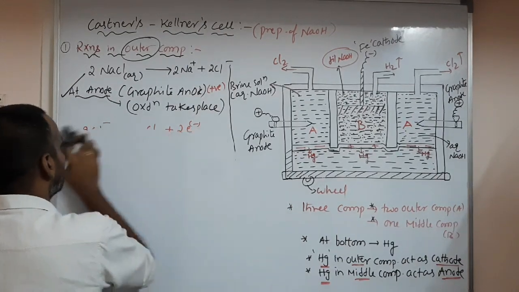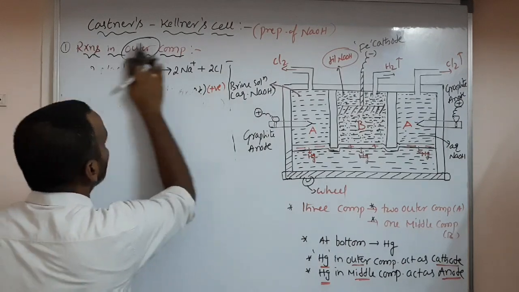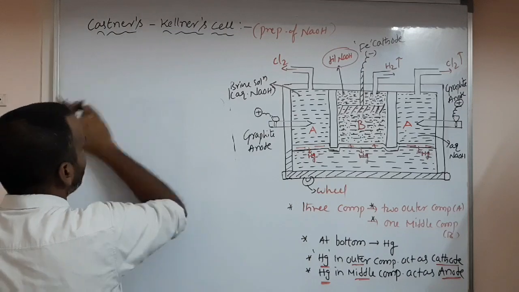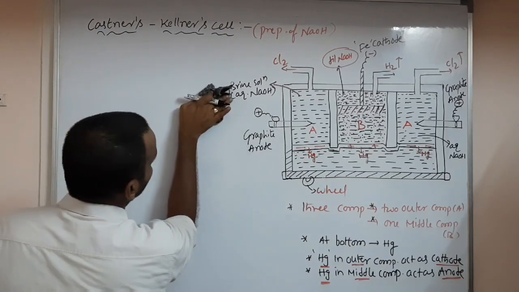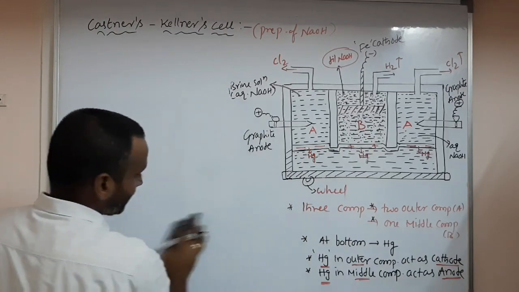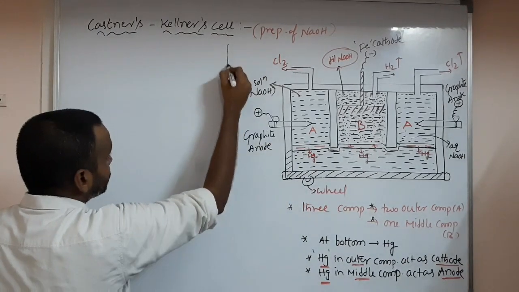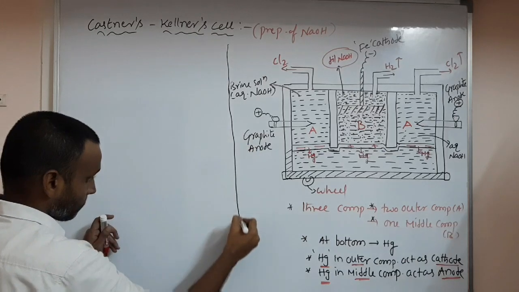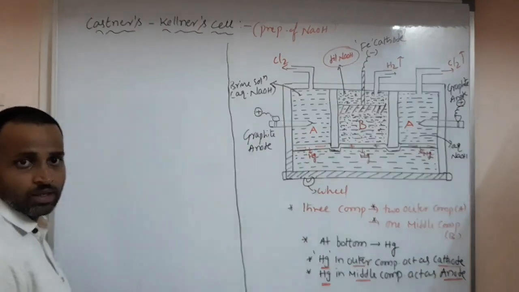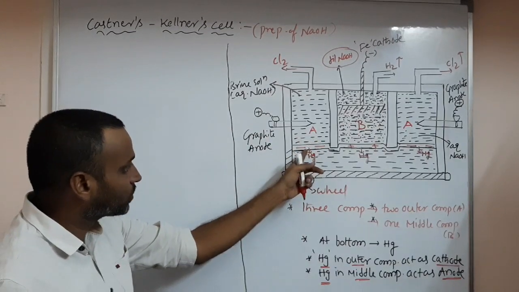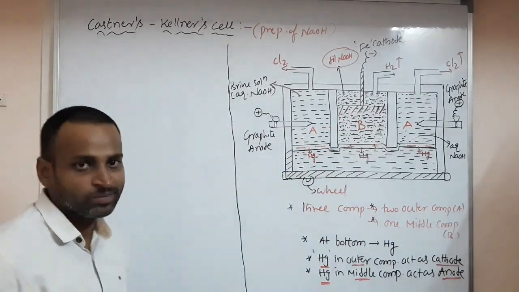What reactions happen? So Na2Hg formed in what? Outer compartment cathode. So at outer cathode, what happened? At outer cathode, Na2Hg was formed, and that transferred from outer cathode to middle compartment.